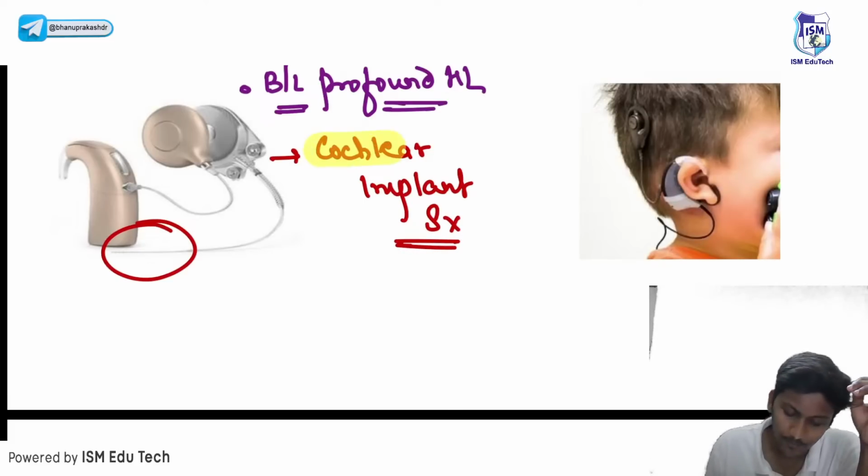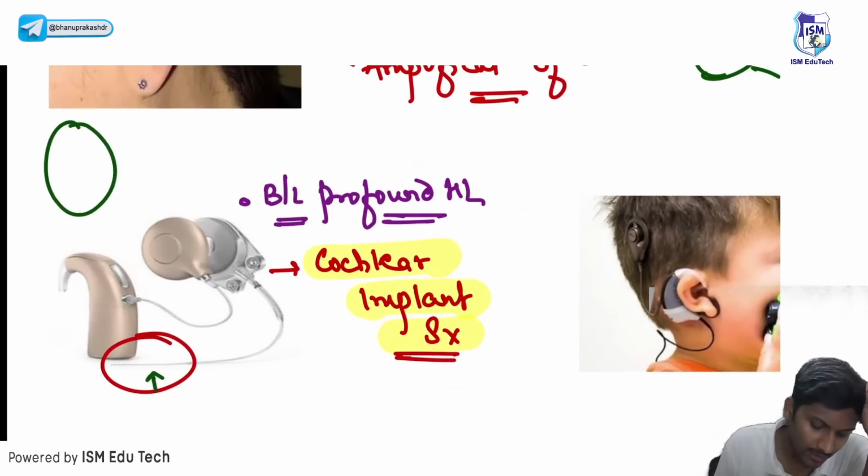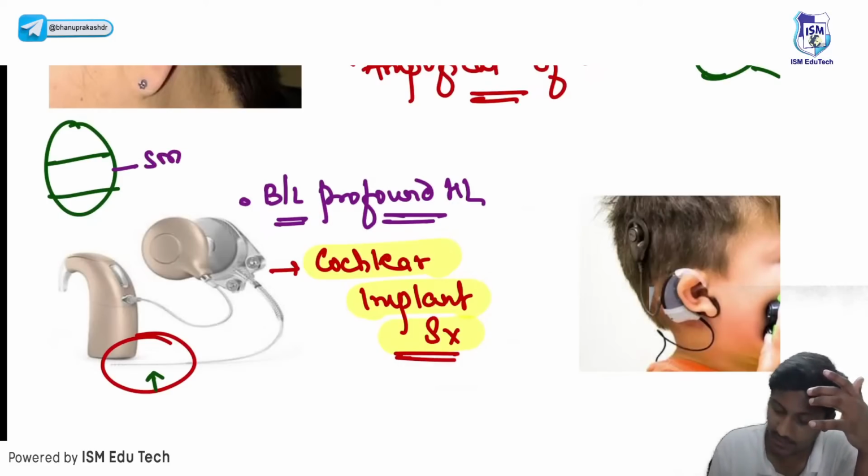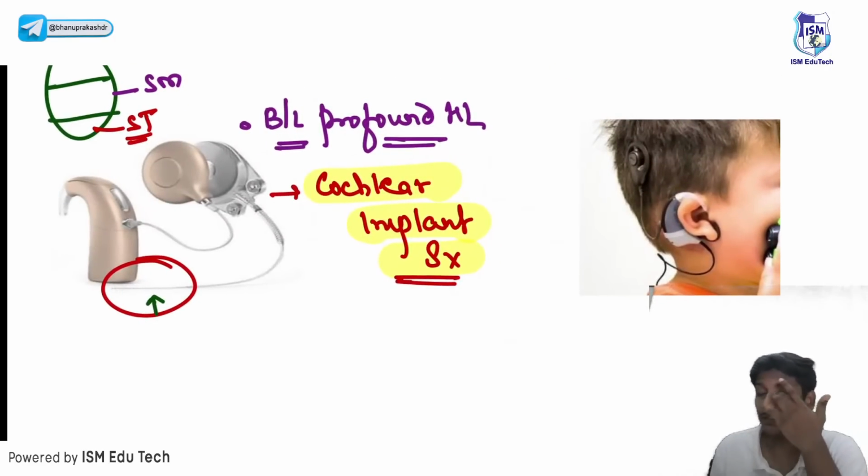Important is, where is this electrode placed, in which part of the cochlea? If I draw this cut section of the cochlea, this is the membranous cochlea, also known as scala media. This part is called scala vestibuli, and this is called scala tympani. Therefore the electrode is actually placed in the lower part, in the scala tympani.